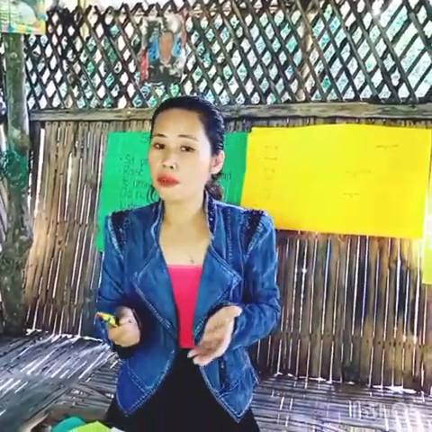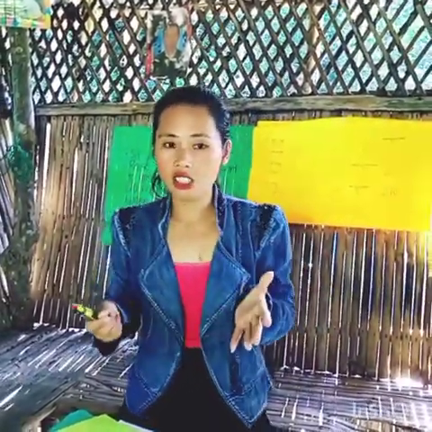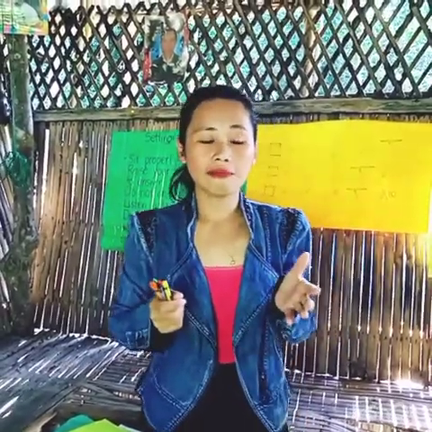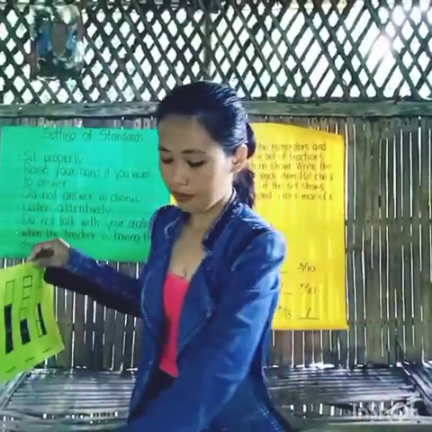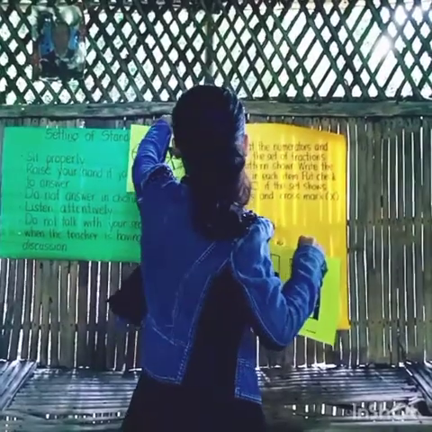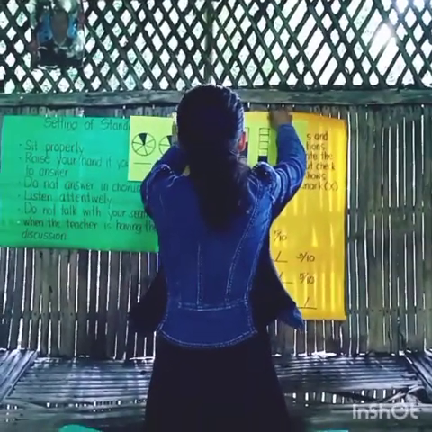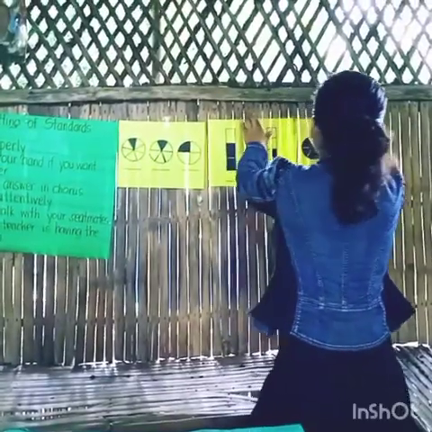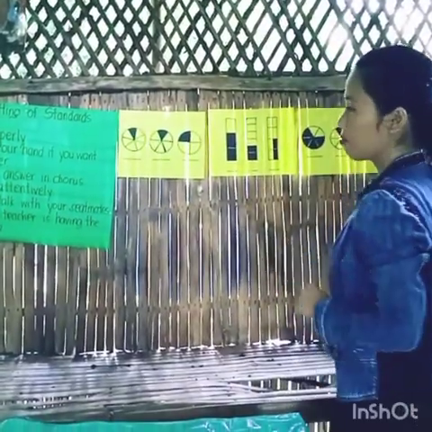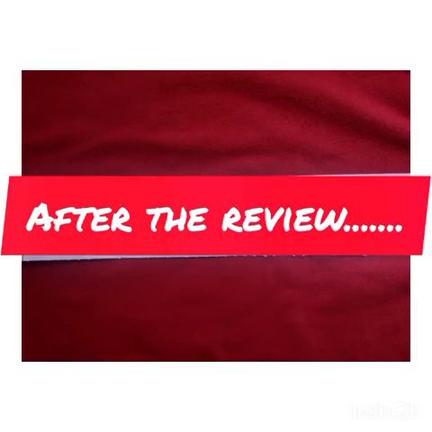Since you still remember our past lesson, which is unit of fractions, I want you to write the unit of fractions on the shaded part of a circle. Okay, good job.